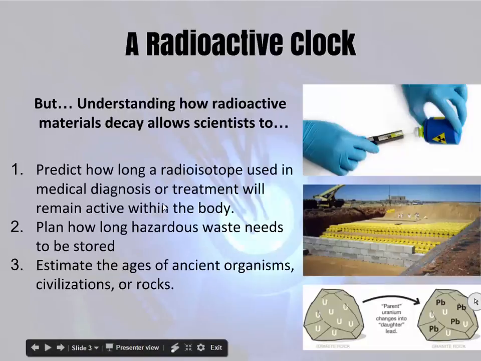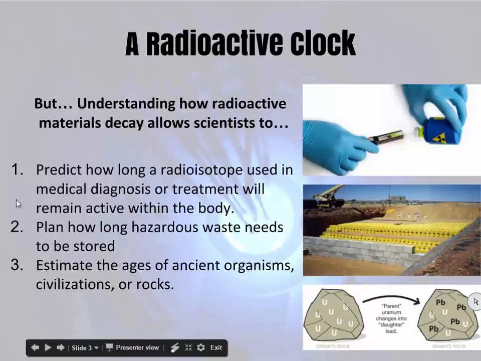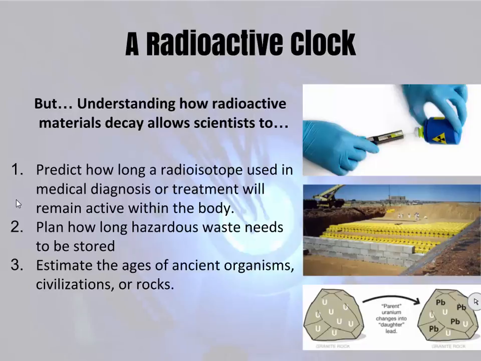Understanding radioactive decay, how the process occurs and how long it takes, allows scientists to do a lot of different things. So one, it allows them to predict how long a radioactive isotope used in medical diagnosis or treatment will remain in the human body.